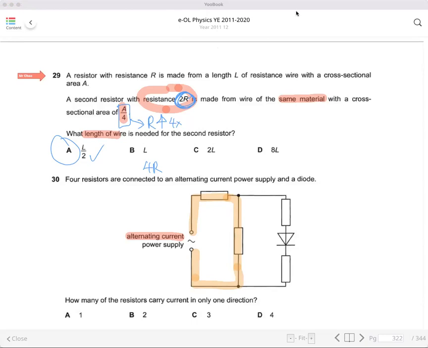Ryan, well done. However, look at the pink side of the circuit. There's a diode here that only allows current in one direction. So these two resistors will only allow current to move in one direction. The answer for this is 2.